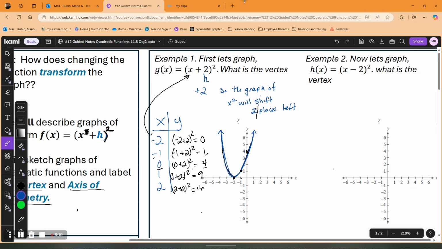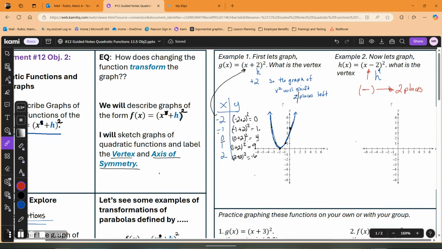Our h value is right here. It's -2. And because it's negative, when we have negative numbers, we shift to the right. A negative number means we go to the right. How many? 2 places.